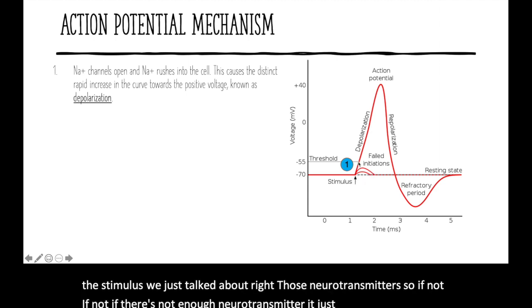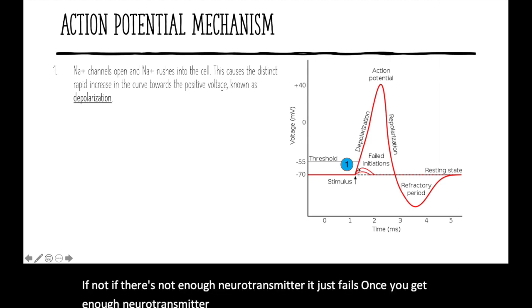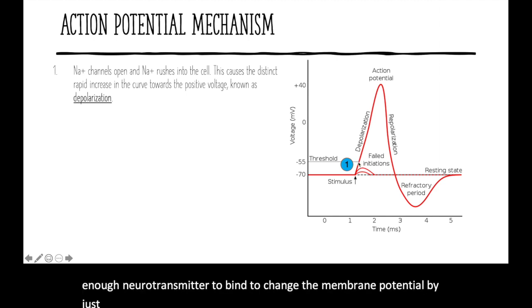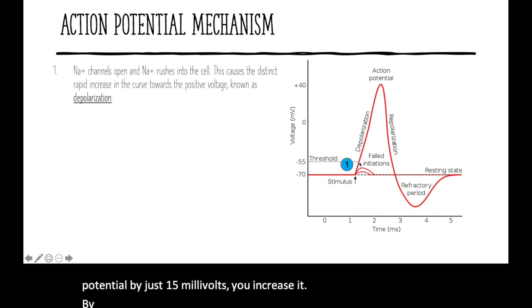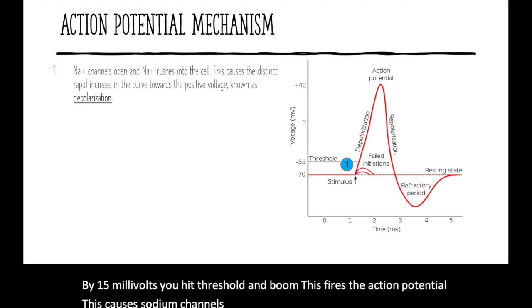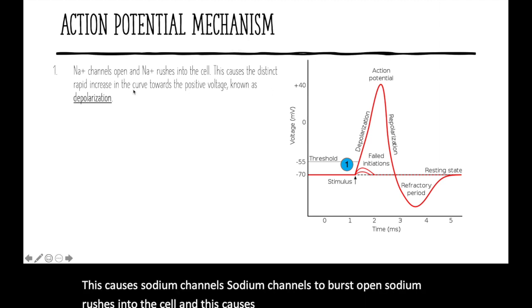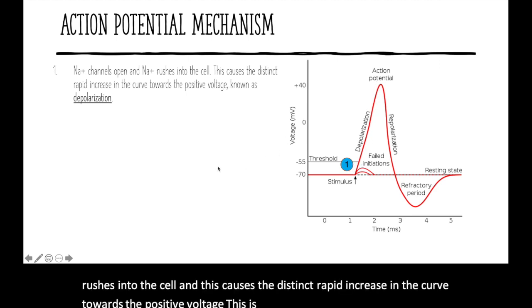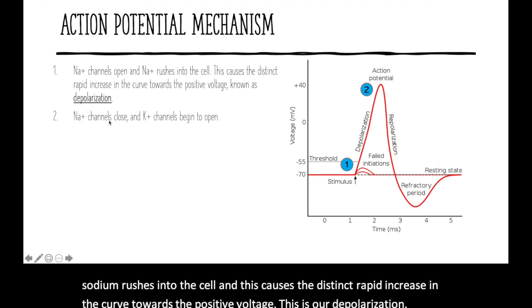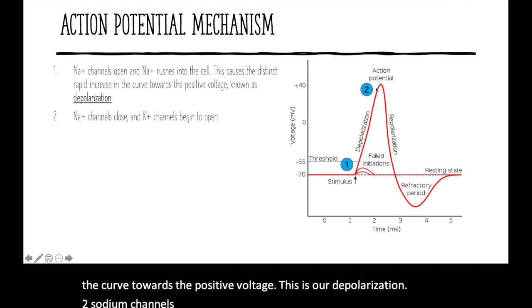Once you get enough neurotransmitter to bind and change the membrane potential by just 15 millivolts, you hit threshold, and boom, this fires the action potential. This causes sodium channels to burst open, sodium rushes into the cell, and this causes the distinct rapid increase in the curve towards the positive voltage. This is our depolarization. Number 2, sodium channels close back up, and then our potassium channels begin to open.